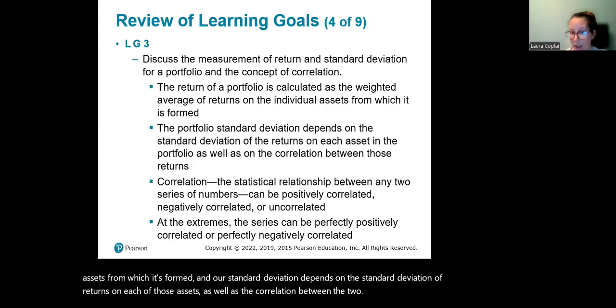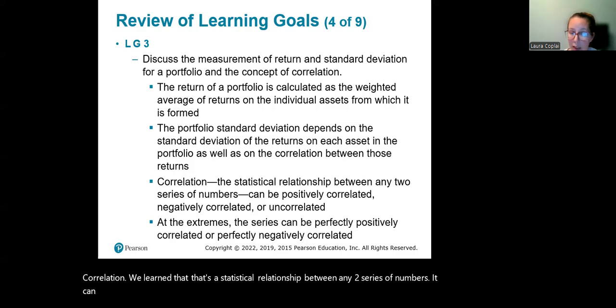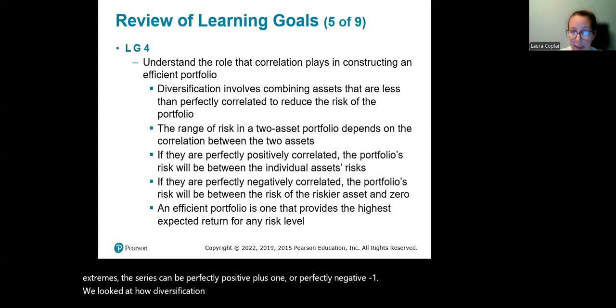Correlation, we learned, is a statistical relationship between any two series of numbers. It can be positively correlated, negatively correlated, or completely uncorrelated. At the extremes, the series can be perfectly positively correlated, +1, or perfectly negatively correlated, -1. We looked at how diversification involves combining assets that are less perfectly correlated to reduce our risk.